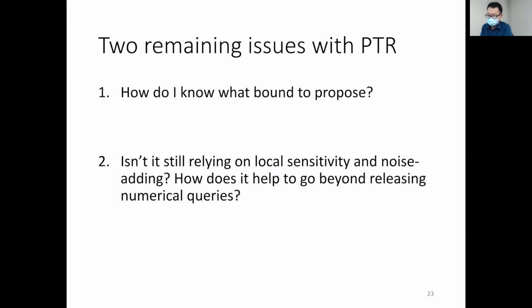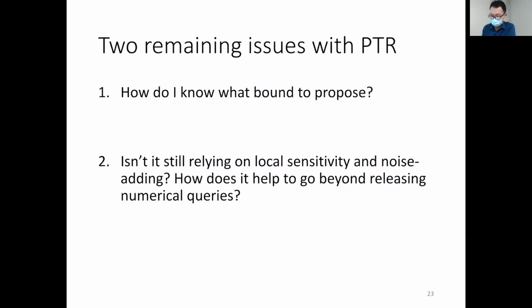But when we generalize distance to instability to PTR, it seems like we still have to rely on local sensitivity, because in the last step we are adding noise to that query anyhow using the privately tested upper bound of the local sensitivity, right? So can we apply a PTR-like idea to go beyond releasing numerical queries? Okay, so that's two questions that still remain.